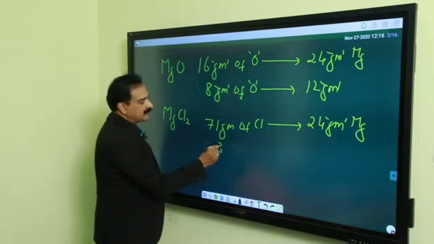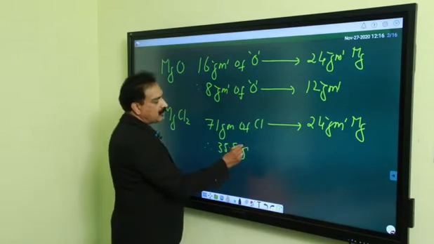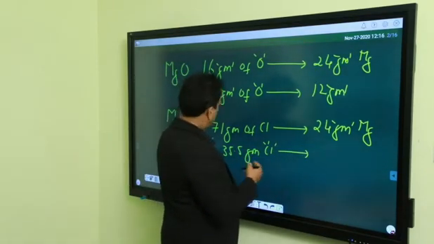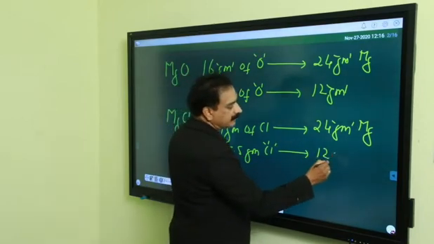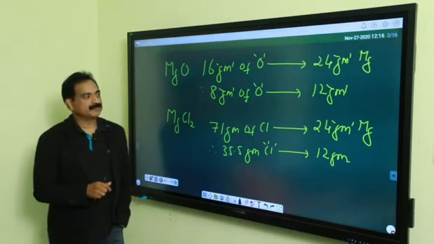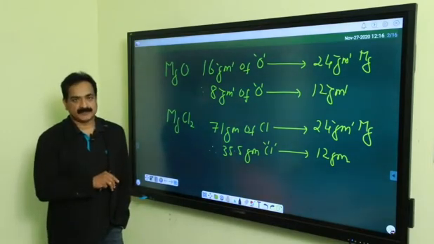Therefore 35.5 grams of chlorine will combine with 12 grams. So 12 is the equivalent mass of magnesium. This is by the bookish definition.